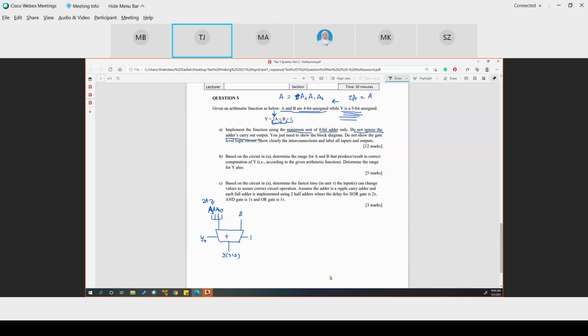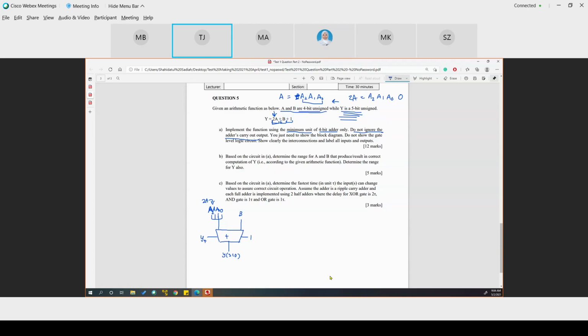From the original A, we shift it, so it will be A2, A1, A0, and then 0 here. We left A3 out because we want to make it 2A. We eliminate the A3.